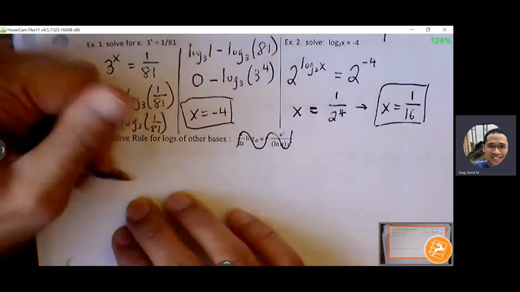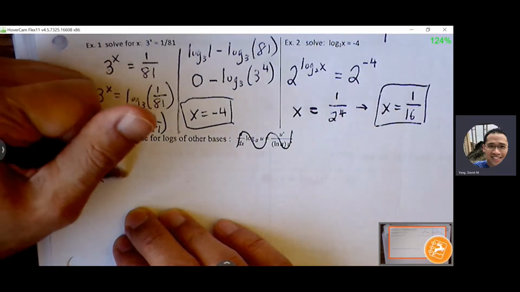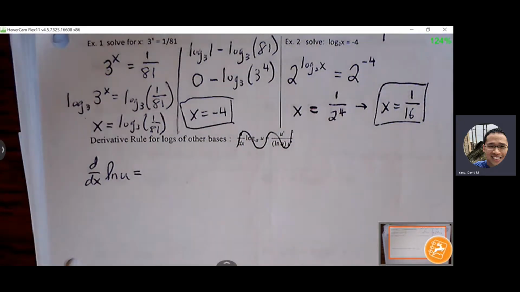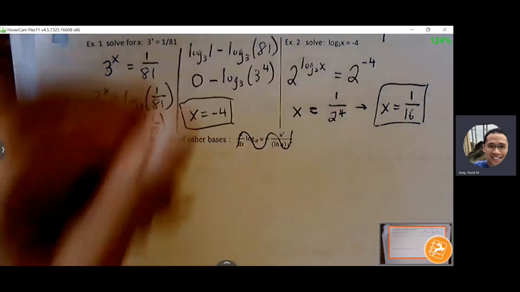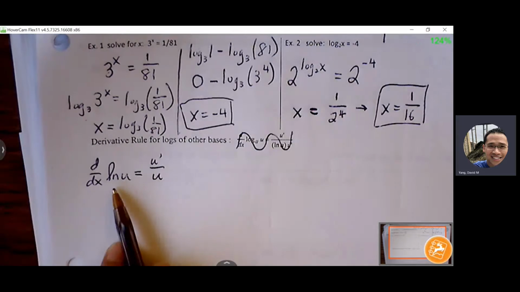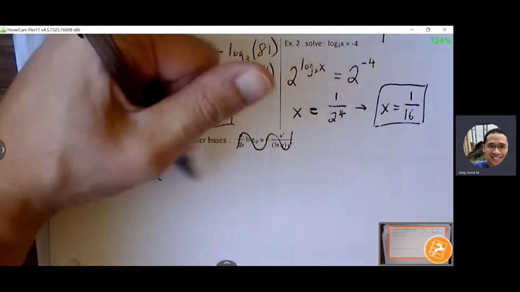Let's start with something that hopefully we recognize and we feel familiar with. What's the rule for natural log of u? What's the derivative rule? Yeah, u prime over u. The fact that it's base e is going to work out nicely. We'd like to think of this as a parent derivative rule.